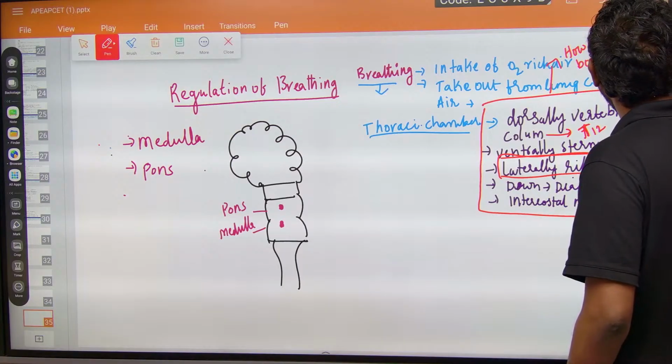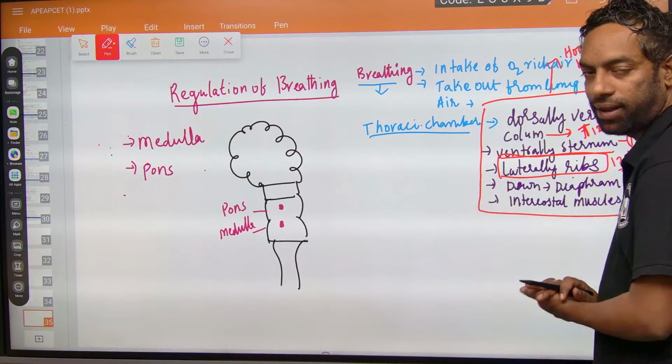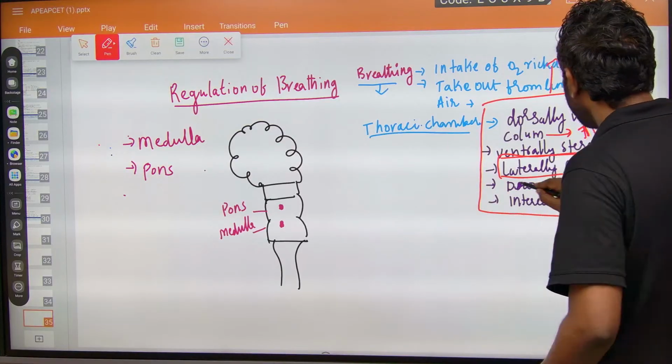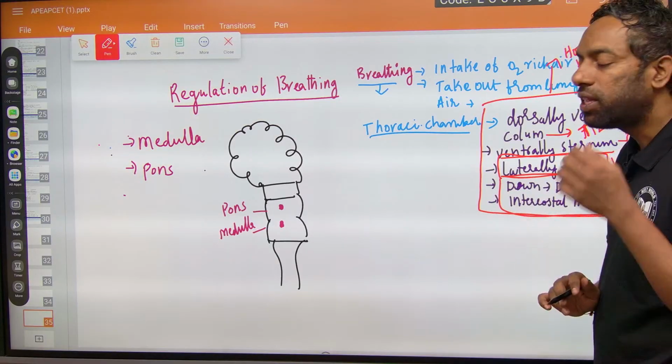So 37 bones support the thoracic chamber for breathing, and 2 muscles, the diaphragm and intercostal muscles, are involved in breathing.